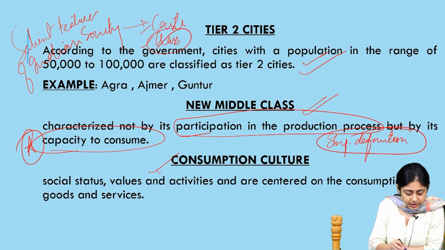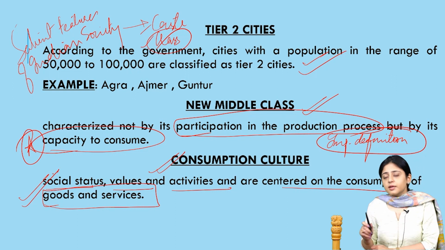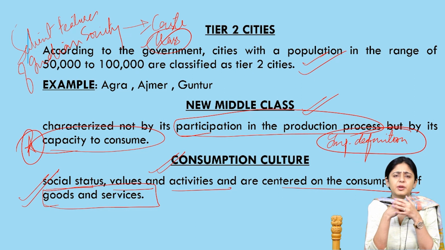So what is consumption culture? So consumption culture is social status, values and activities that are centered on the consumption of goods and services, right? So in simple terms, if you see in today's world, on social media, people are going out, they're clicking pictures of the food, expensive food, they're going on trips, right?